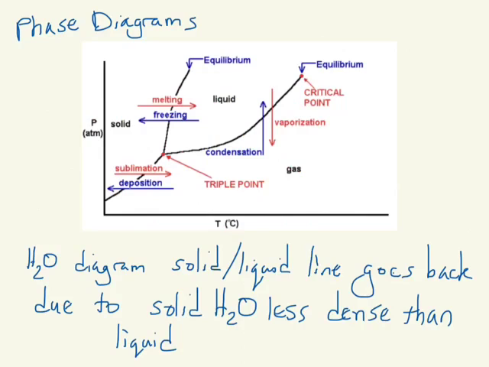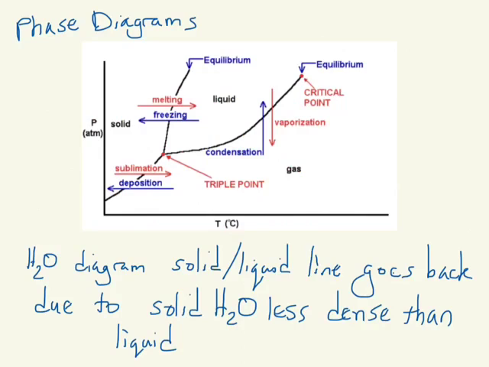It shows that the liquid molecules are closer together, they're packed tighter than the solid molecules. Okay, which again goes back to the idea of density. It's all due to the fact that solid H2O is less dense than liquid H2O. So as you keep increasing pressure at a constant temperature, you turn the solid into a liquid. Okay, liquid is the most dense state of matter for H2O.